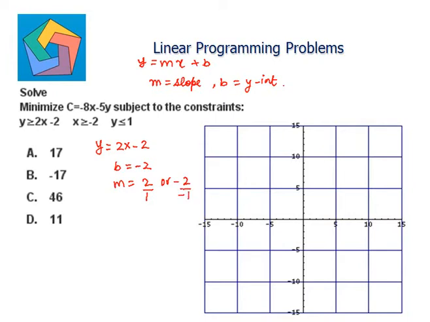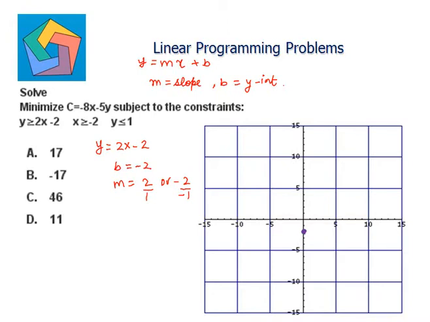Why we write this is because slope is change in y over change in x. We can take change in y to be 2 units and change in x to be 1 unit, or change in y to be negative 2 units and change in x to be negative 1 unit. So we will use the slope-intercept form to graph this equation. Our y-intercept is negative 2, so it will be here.